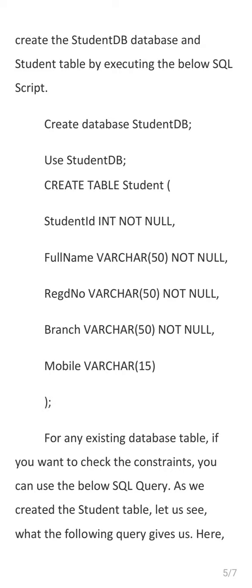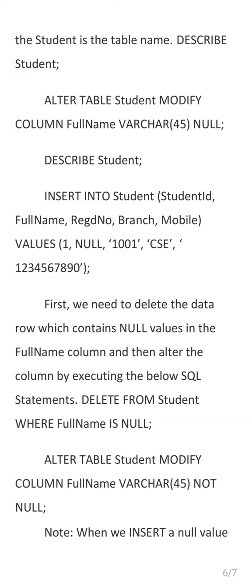So yeah, for any existing table, if you want to check the constraints, you can use the below SQL query. Okay, let's say you have some table, and if you want to check what columns have what constraints, or how the table is defined, what constraints have been used, you can use the describe keyword, describe space table name.